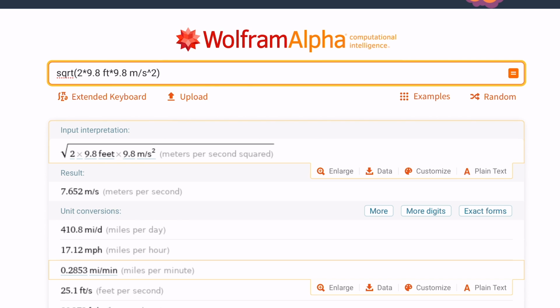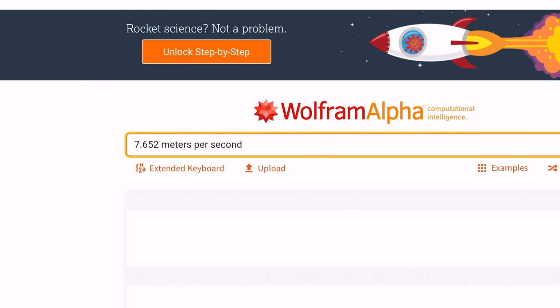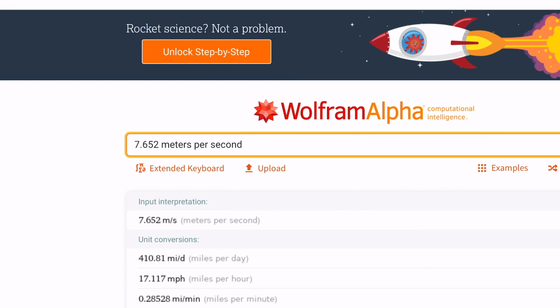So you can see that what we get here is a result of 7.652 meters per second. So there's our result. That's the speed at which the object hits the ground, 7.652 meters per second.